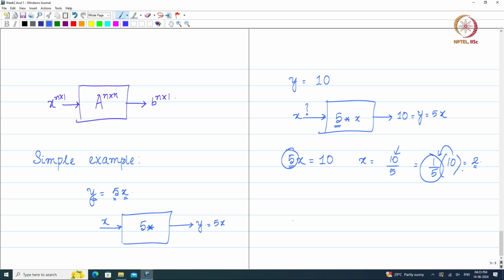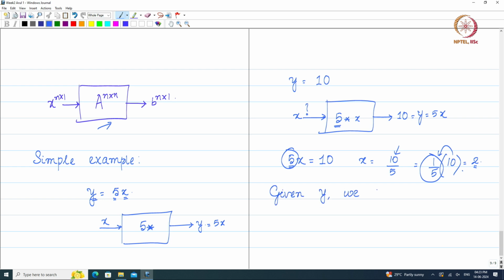Now the question that I have is, can we do something similar to that here? If the system is as simple as this, it scales the input by 5. I could say that, okay, y is equal to 5x, the moment you give me the value of y, I can always give you the value of x, because x is equal to 1 by 5 times y, right.